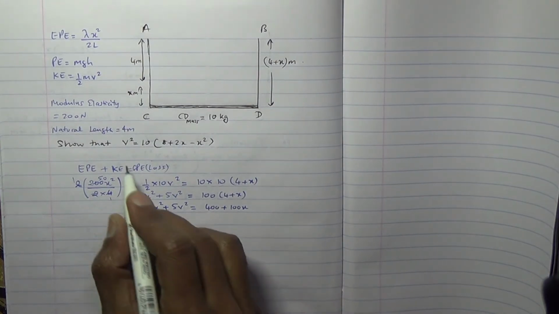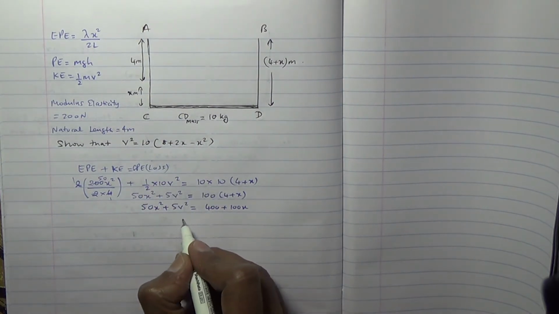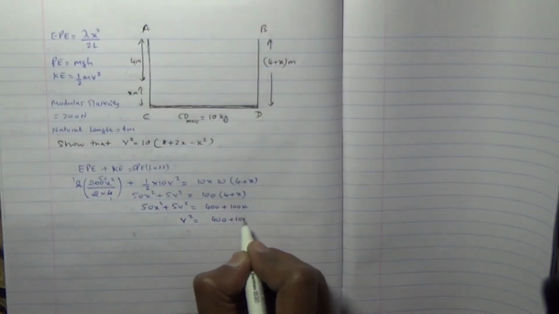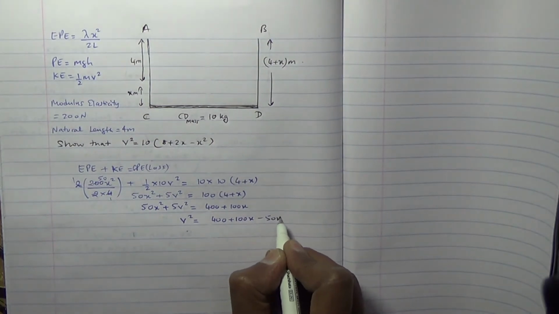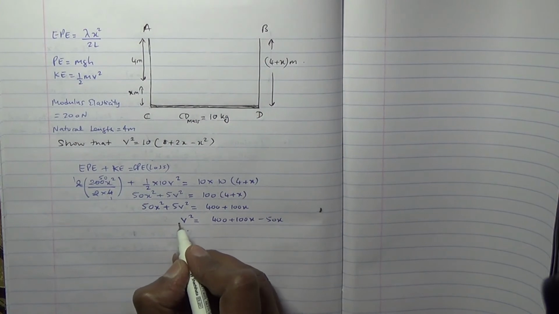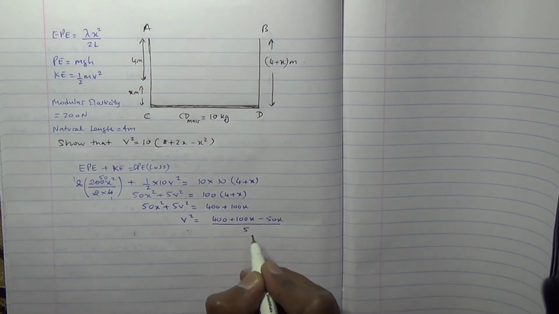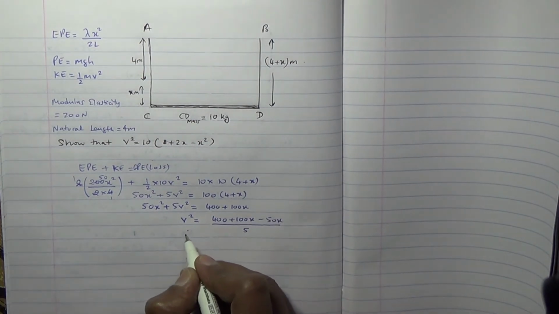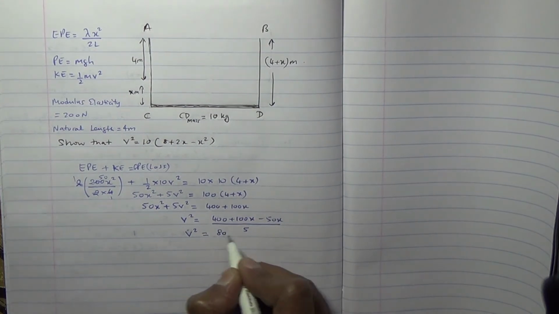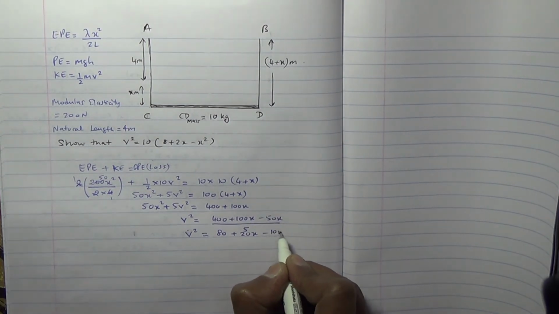Because we're trying to show that v squared is equal to all of that, we can send 50x squared to the other side. Now I've got v squared is equal to 400 plus 100x minus 50x squared, and that is divided by 5 here, so we can put the 5 on the other side. So then what we're saying is that v squared is going to equal 80 plus 20x minus 10x squared.